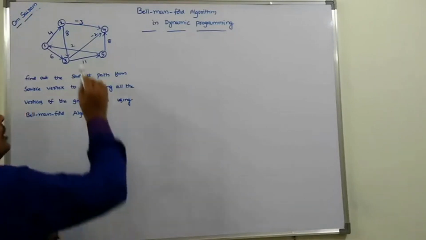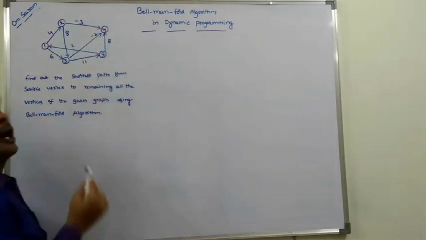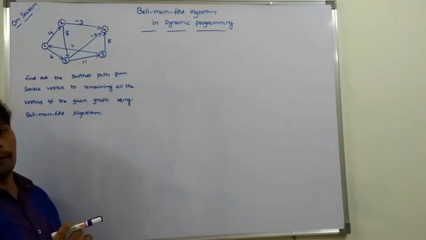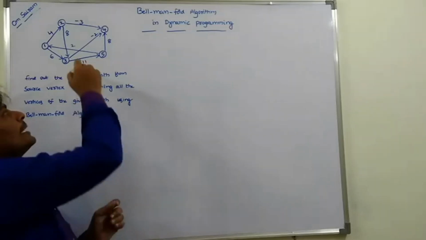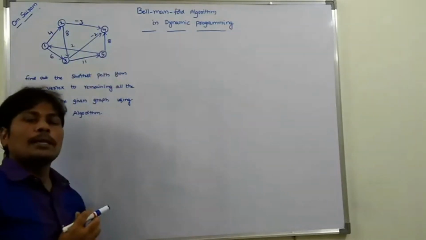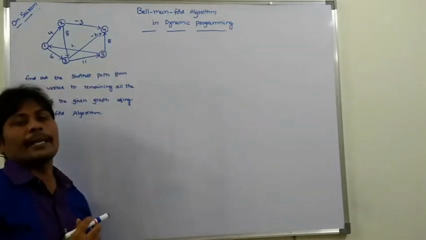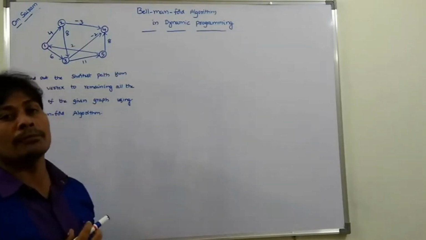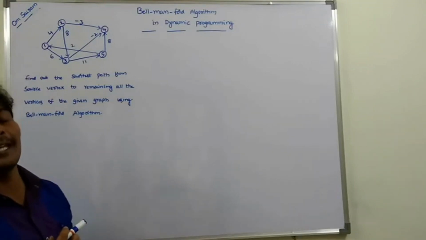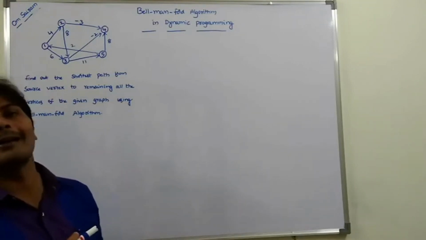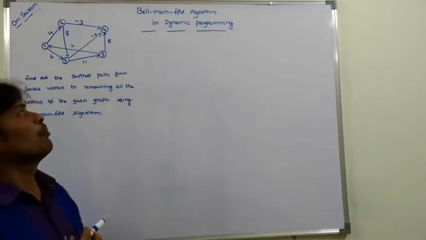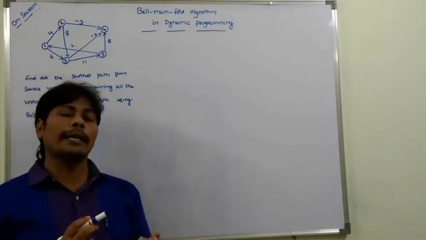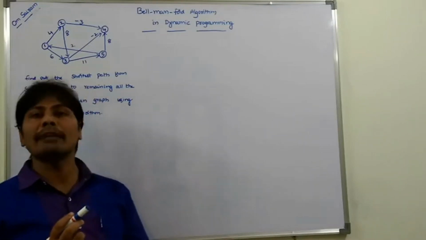Okay. So consider the given graph. How many vertices are there? There are 5 vertices. The edges in the given graph are to be relaxed n minus 1 times. What relaxation is was already discussed in the part 1 video.